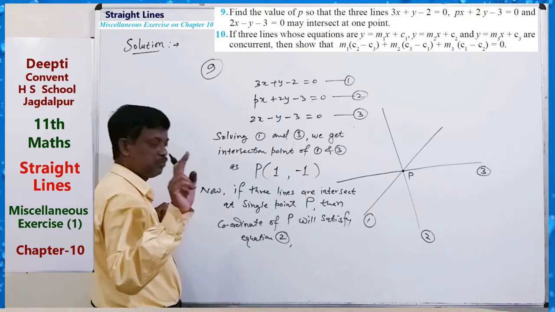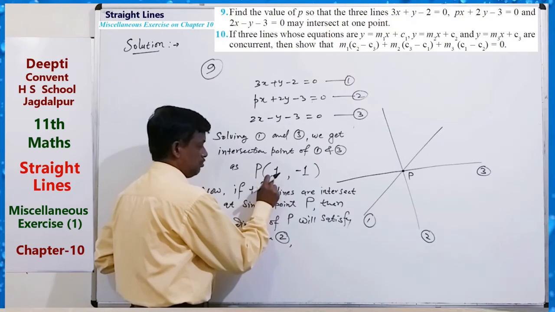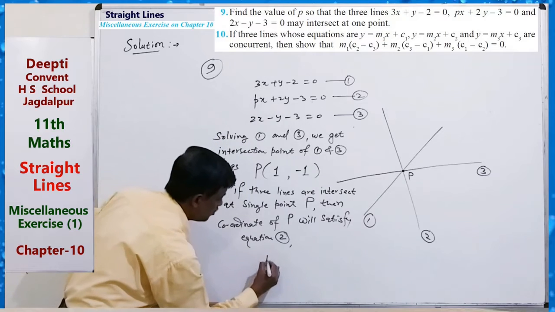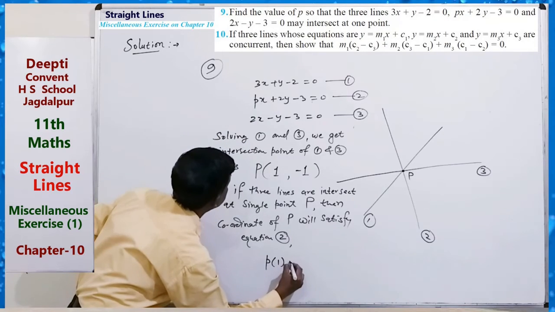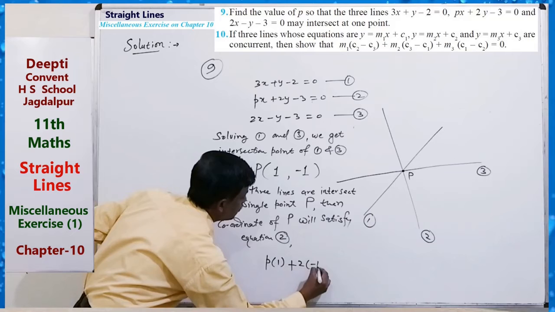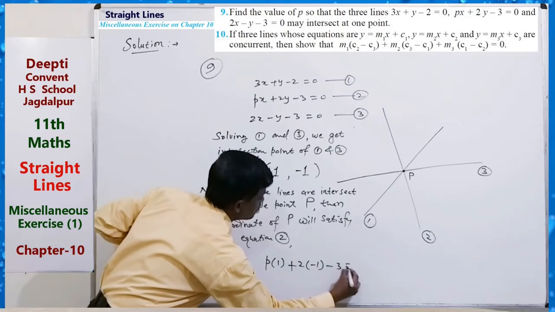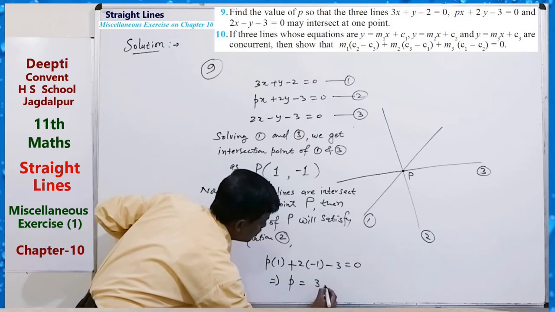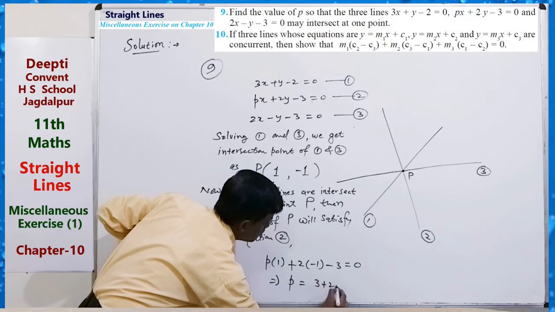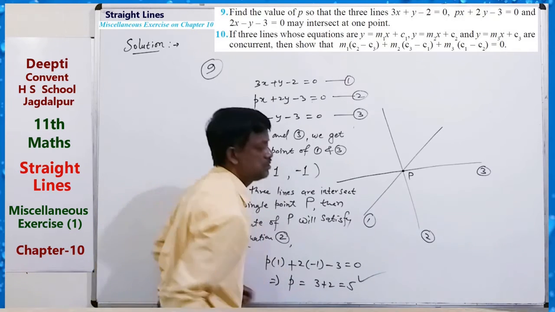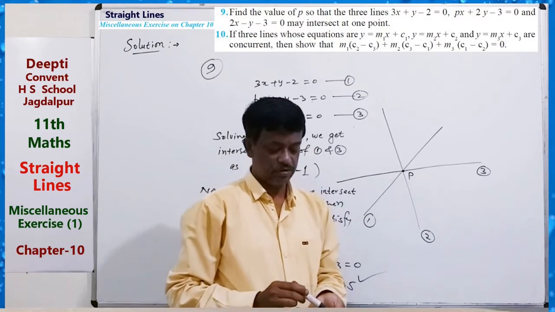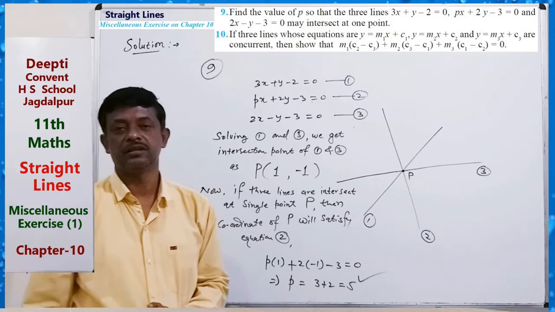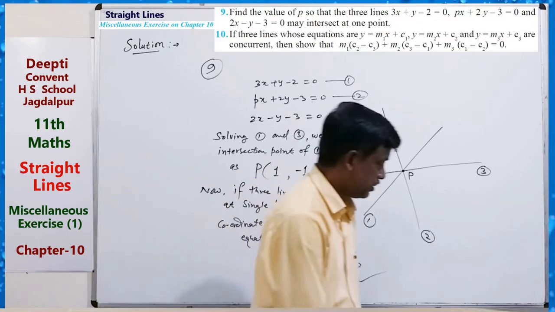That is, we have to put 1 and minus 1 in place of x and y. So P into 1 plus 2 into minus 1 minus 3 equals to 0. So P equals to 3 plus 2 equals to 5. So the value of P is 5. Clear? This is the logical solution.